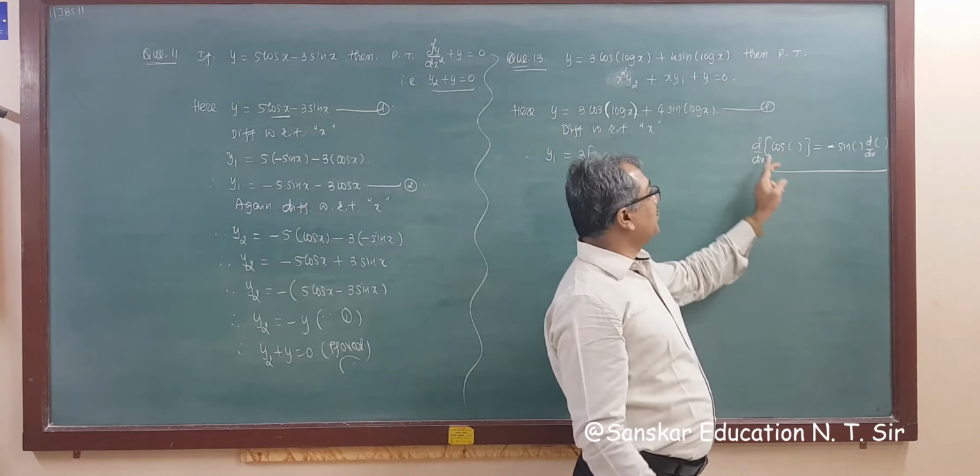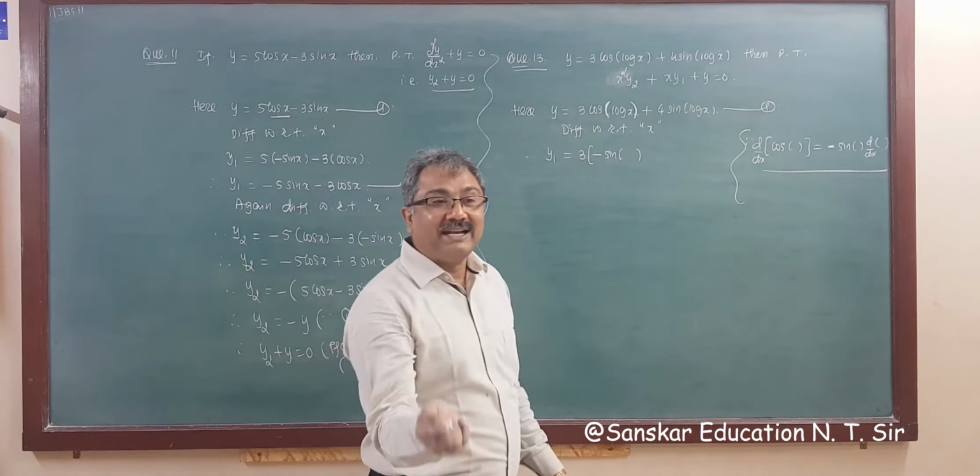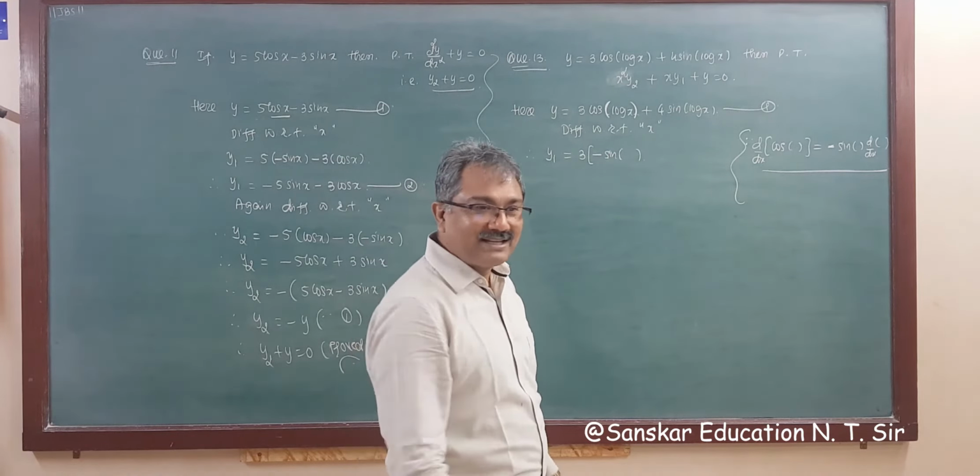Applying this rule here, what is the answer? Minus sin bracket, and what is in the bracket? log x. So d dx of log x. Got it? So putting log x here also. Now this is plus 4 times sin bracket, again, now I am writing directly.